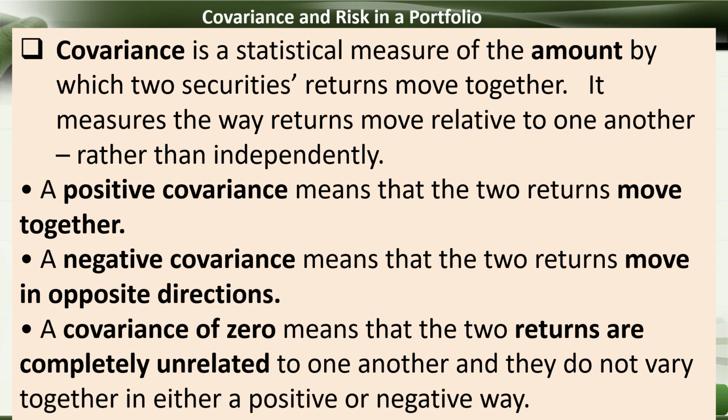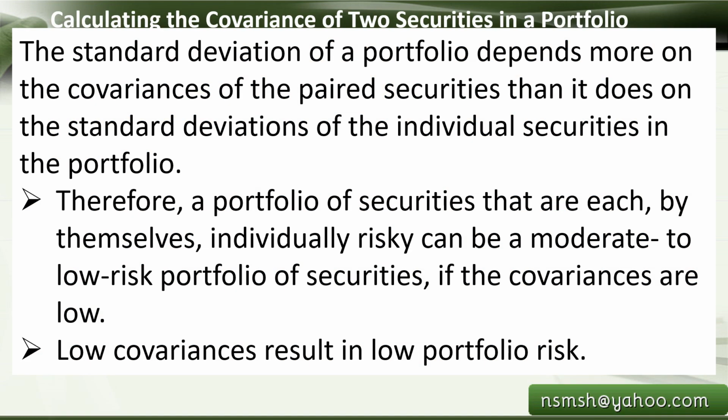A covariance of 0 means that the two returns are completely unrelated to one another and they do not vary together in either a positive or negative way. The standard deviation of a portfolio depends more on the covariance of the paired securities than it does on the standard deviations of the individual securities in the portfolio.